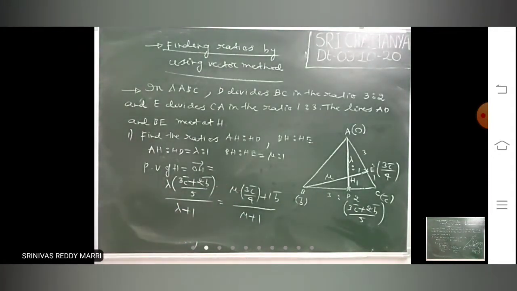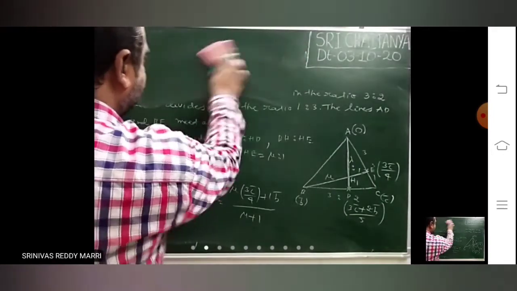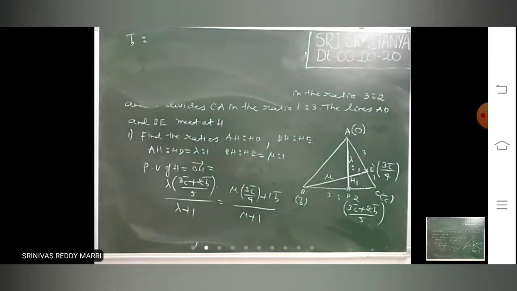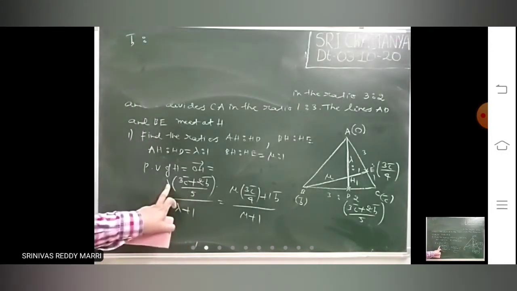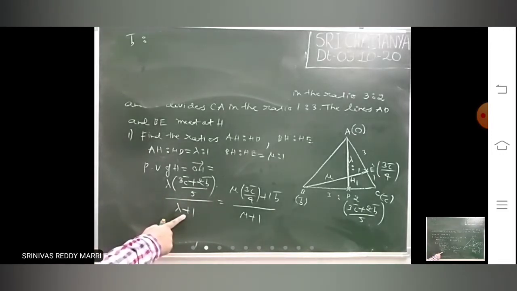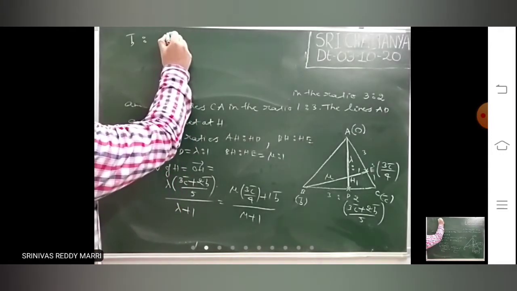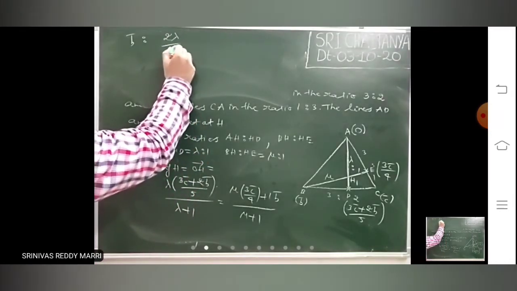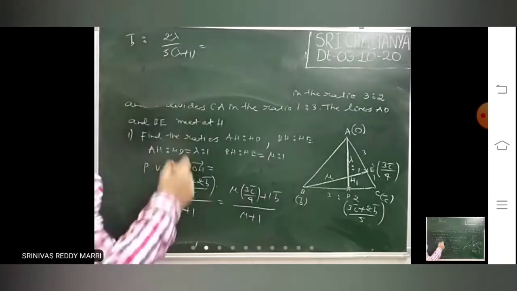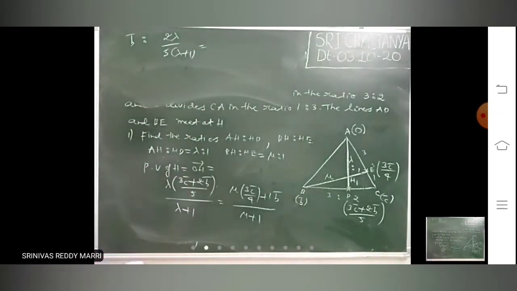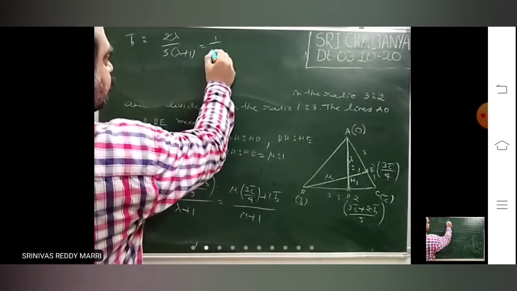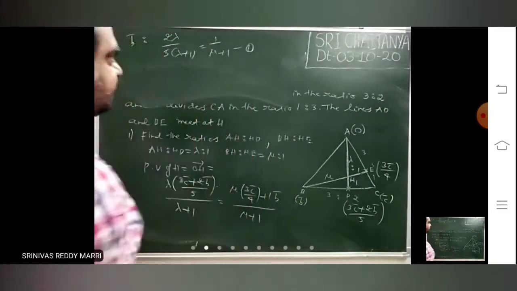Both sides you equate the B bar coefficient and C bar coefficients. So B bar coefficients, if you equate, what are they? Look at 2 lambda by 5 divided by lambda plus 1. That means the B bar coefficient is 2 lambda by 5 into lambda plus 1 equal to 1 by mu plus 1, first equation.